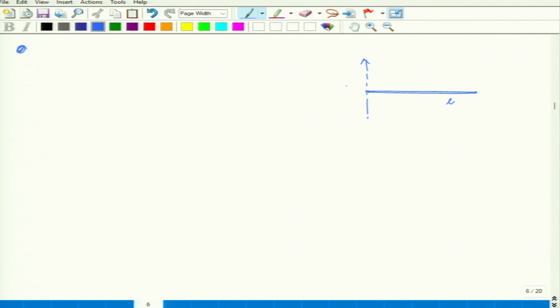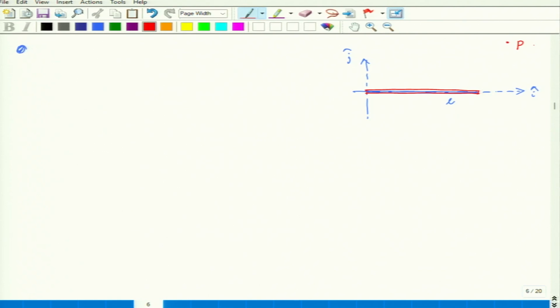We put an axis, and the rod is placed along the x axis with length L. We want the electric field at any point P in space, in the xy plane.